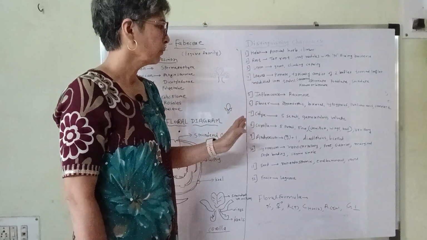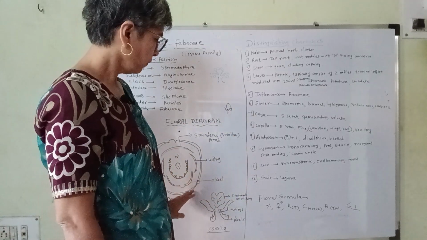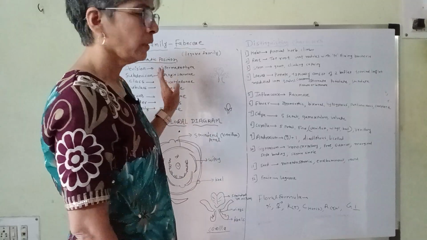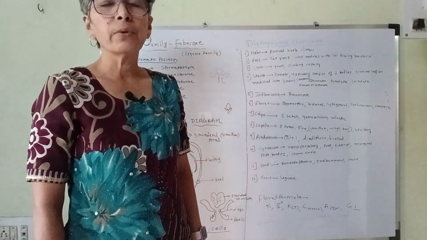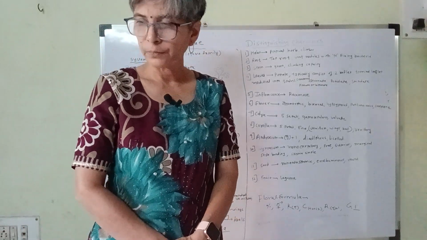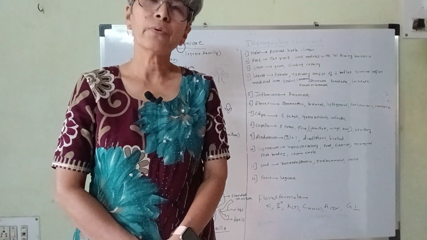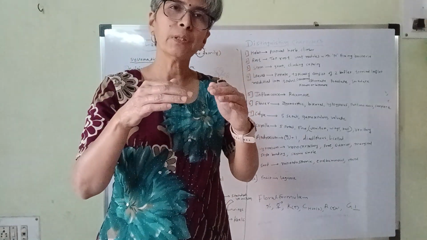Okay, so these are the distinguishing characters, floral formula, floral diagram and systematic position. The diagnostic features of this family, there are a few features. There is presence of nitrogen fixing bacteria in taproot system.